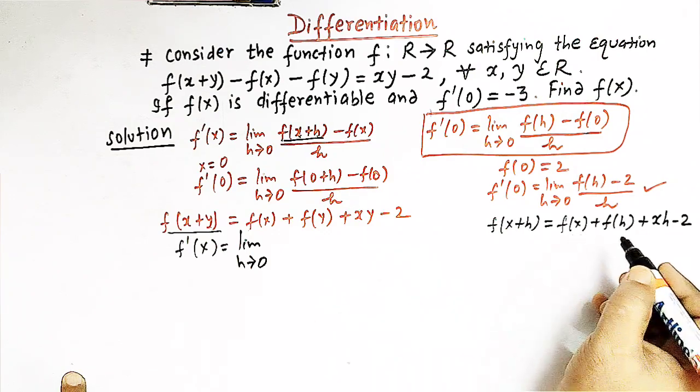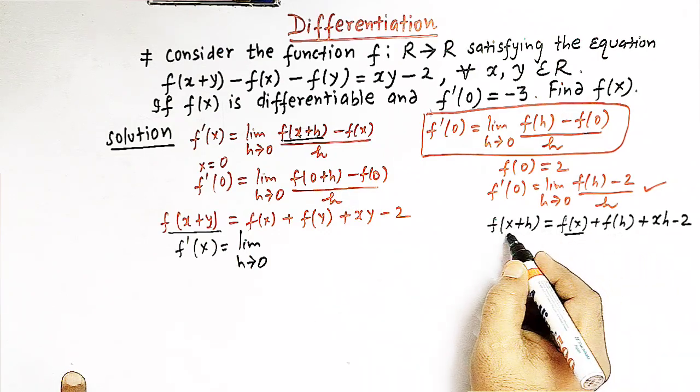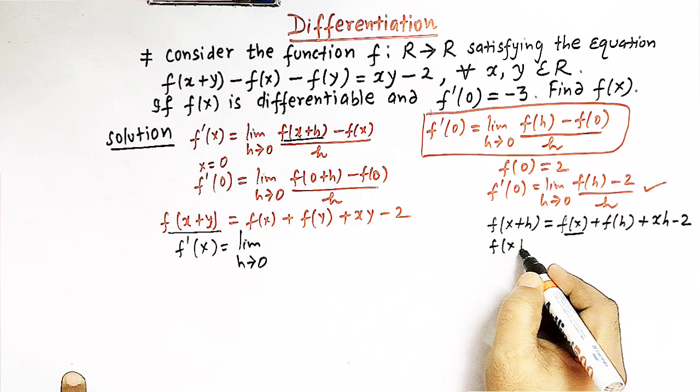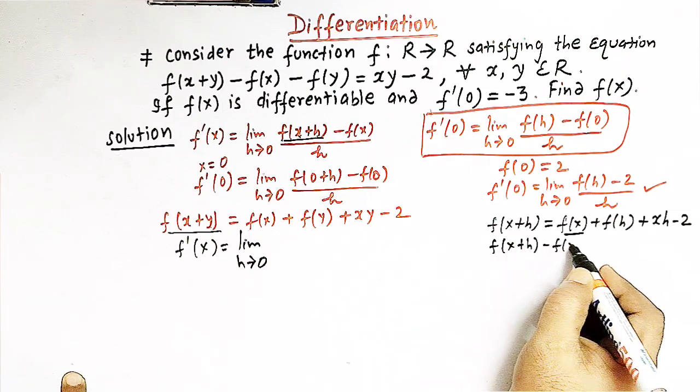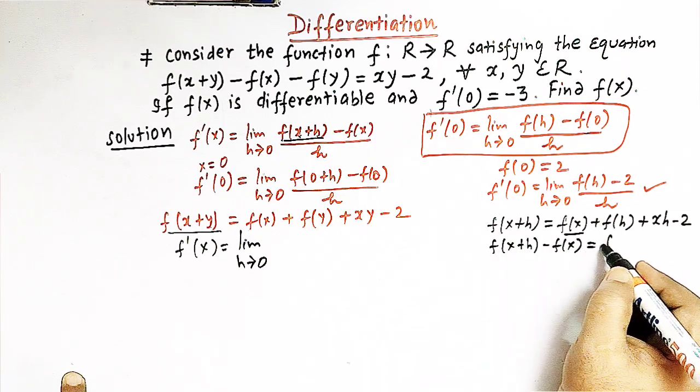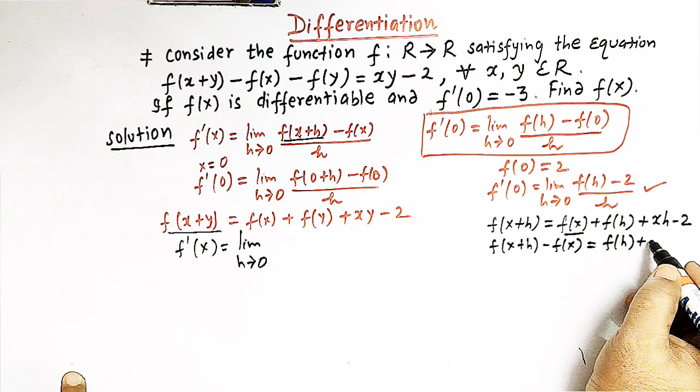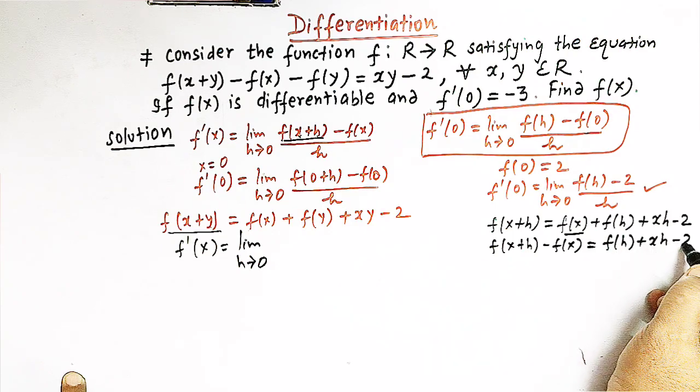So now if we take this term to the left hand side, we have f of x plus h minus f of x is equal to f of h plus xh minus 2.